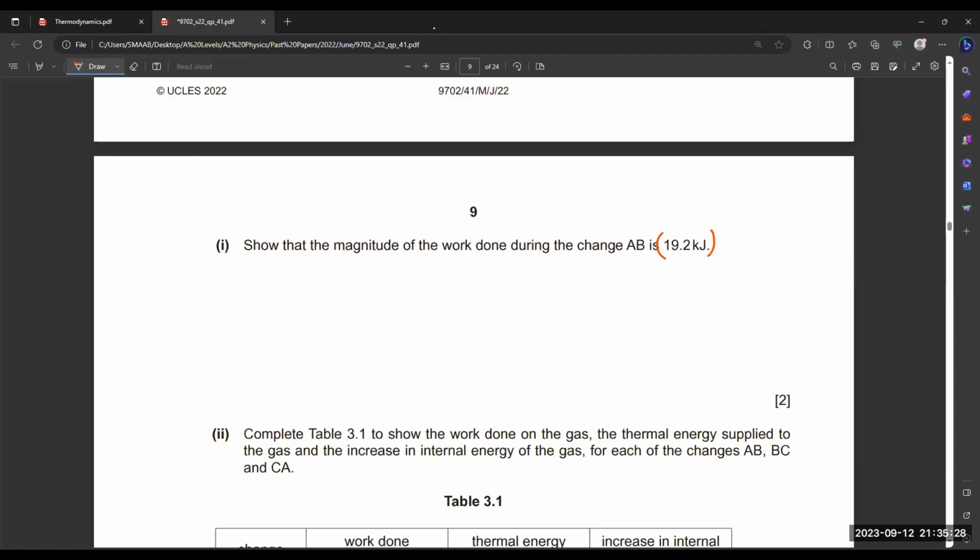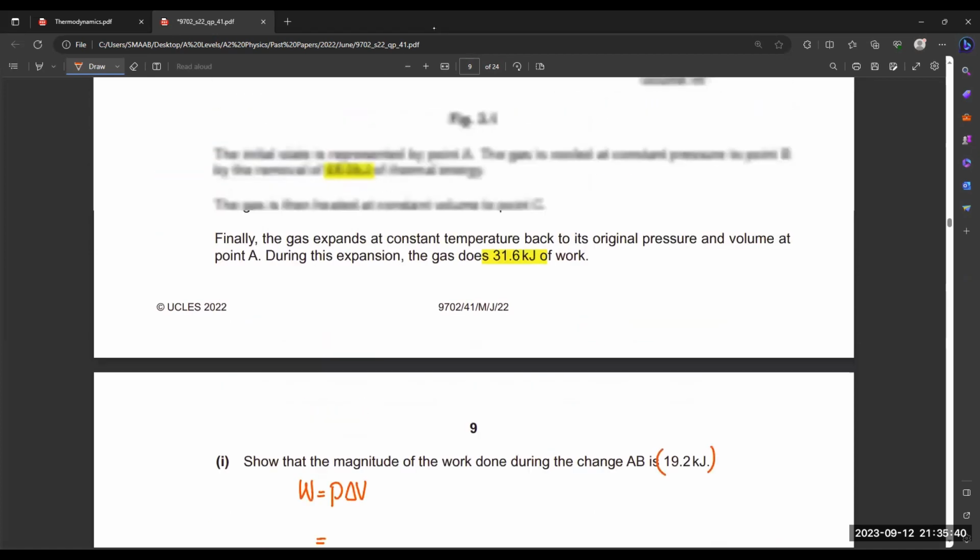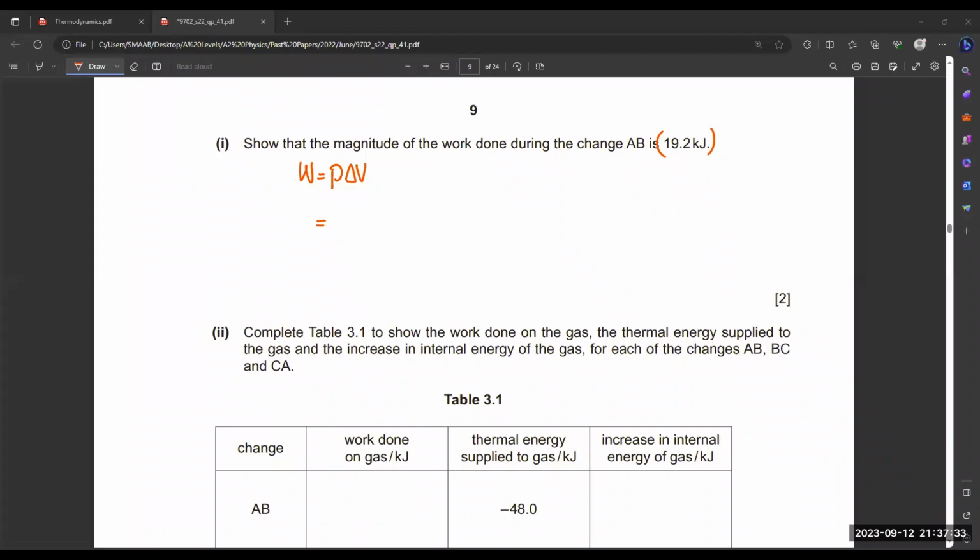So that will be equal to pressure into change in volume. The value of pressure is given. So for the formula, we first need to take the value of pressure from the question.